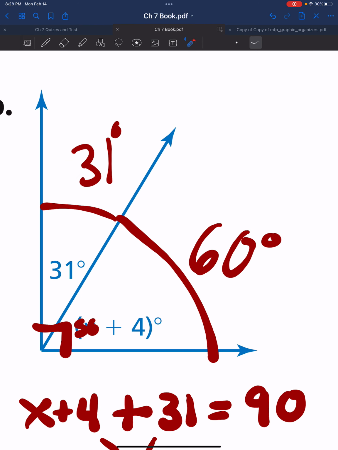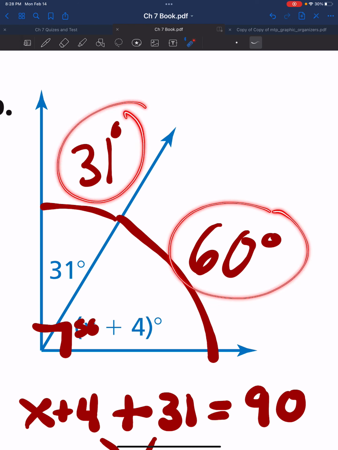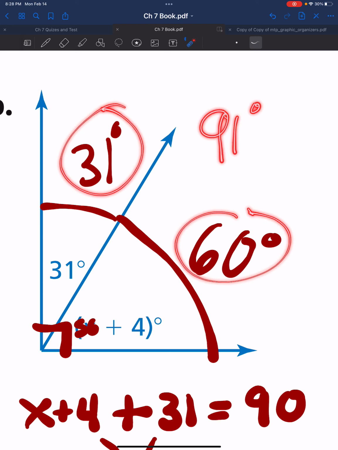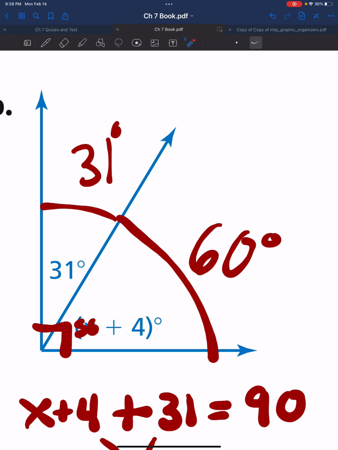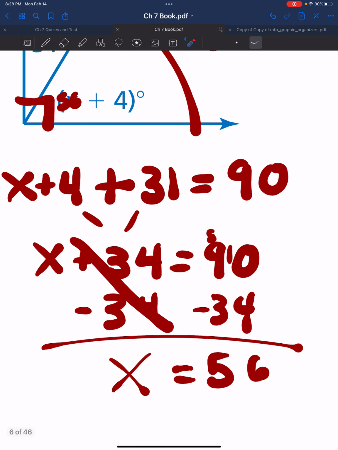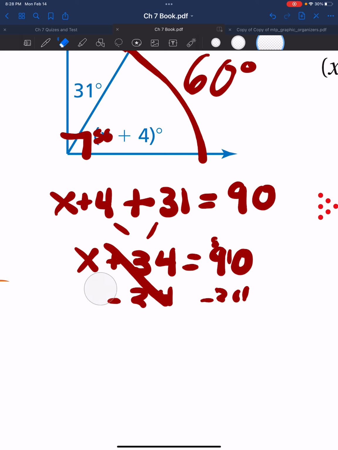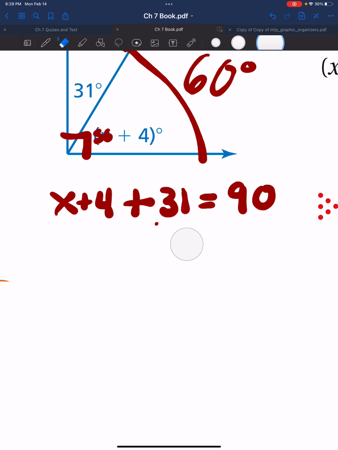Well, what I did is I looked at these two angles and I said, wait a second, 60 plus 31 is 91. 91 degrees is not a perfect square corner. So that's why I was like, oh, wait a second. Something must have happened. And in my delusioned brain, I realized what happened. 4 plus 31 is 35. Man, I'm a dingbat.